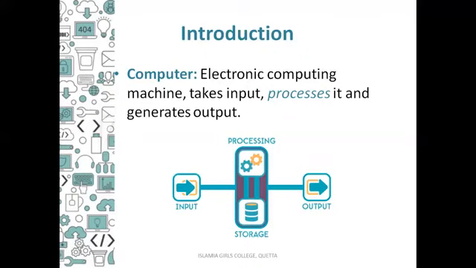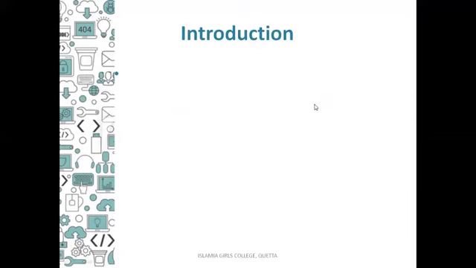We have seen the computer takes input and generates output, but I want to ask about the processing. What do you think, how will the computer process the data which has been given as input? What different operations will the computer apply on that data?